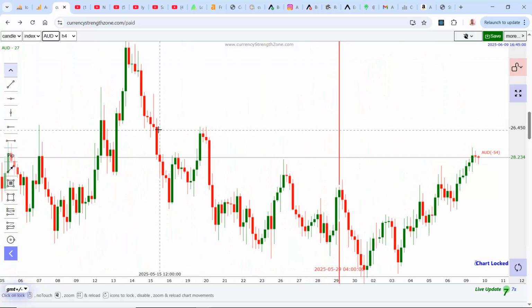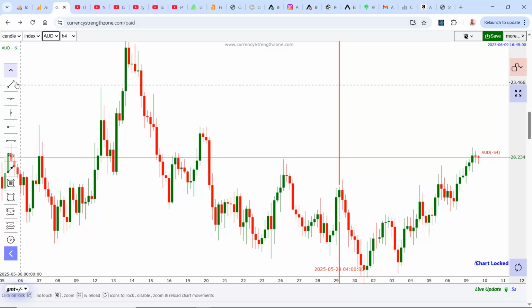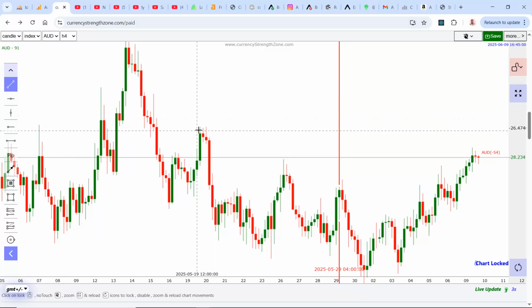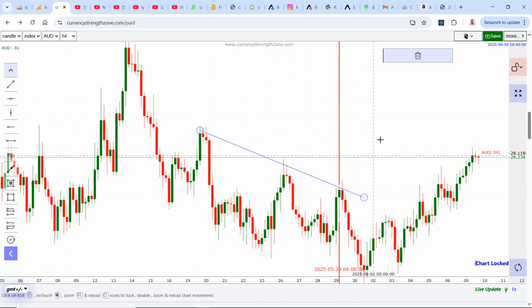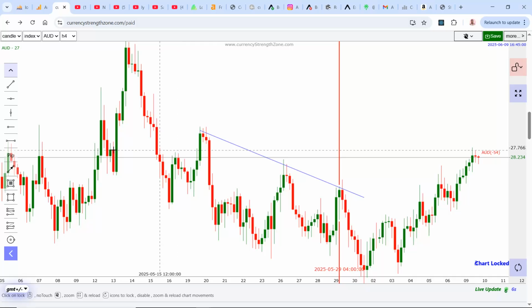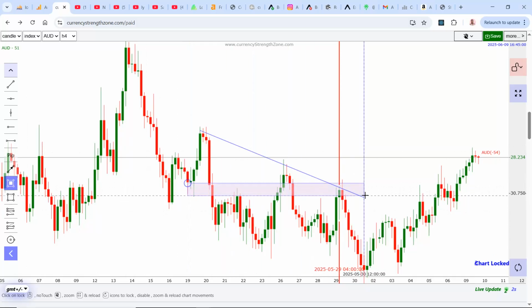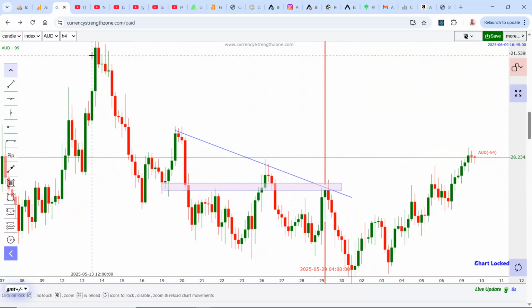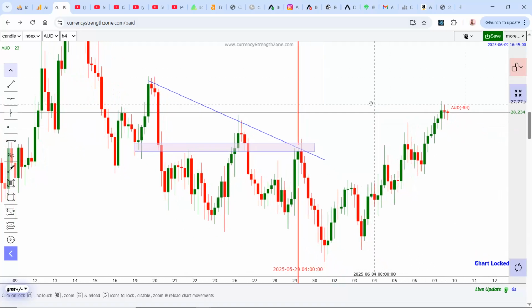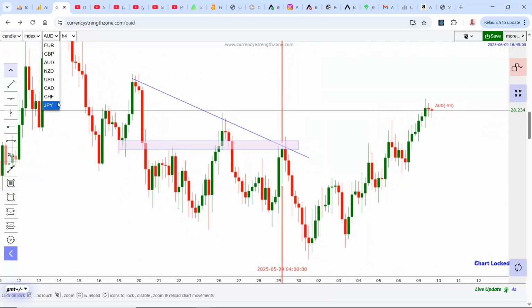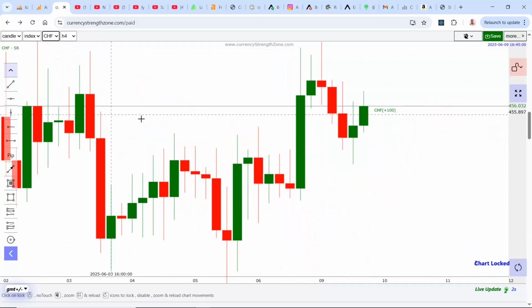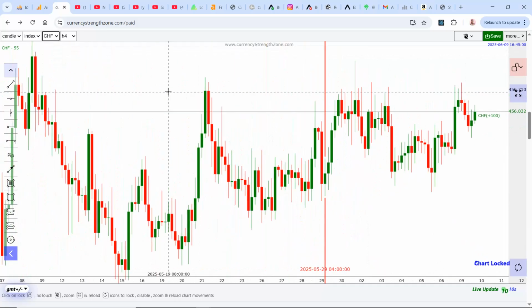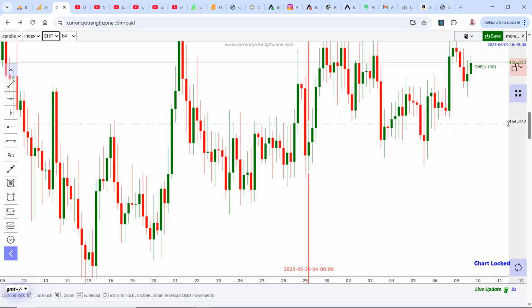Over here, Aussie was having a sell setup and some support and resistance zone, and Swiss franc was having a bullish setup, a buy setup.